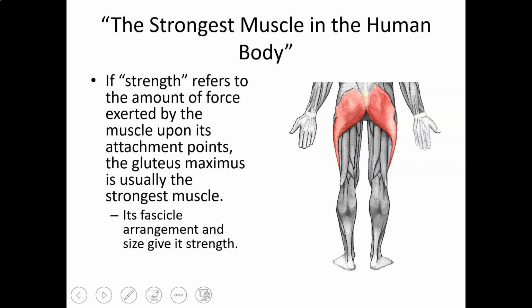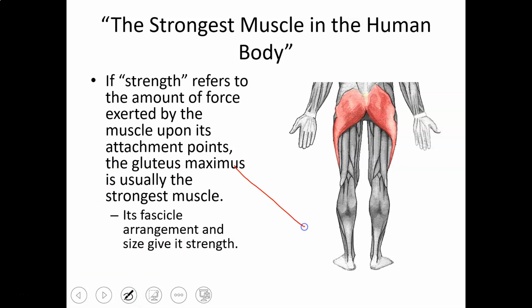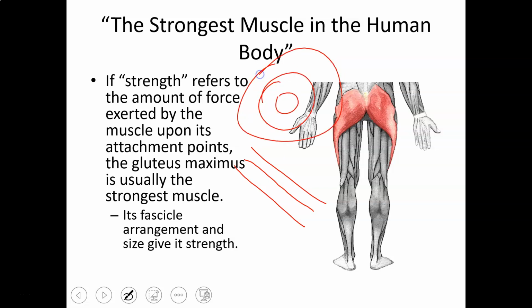For fascicle arrangement, we have some options. We have parallel. Those fascicles can be arranged in straight lines. That's not particularly strong. We have circular. That's even weaker. We'd see this around the mouth or the eyes.